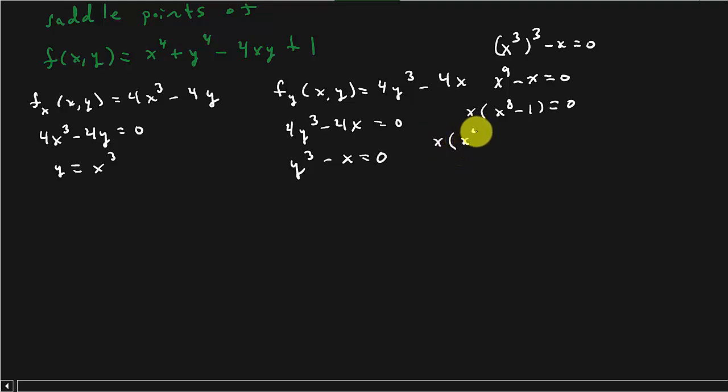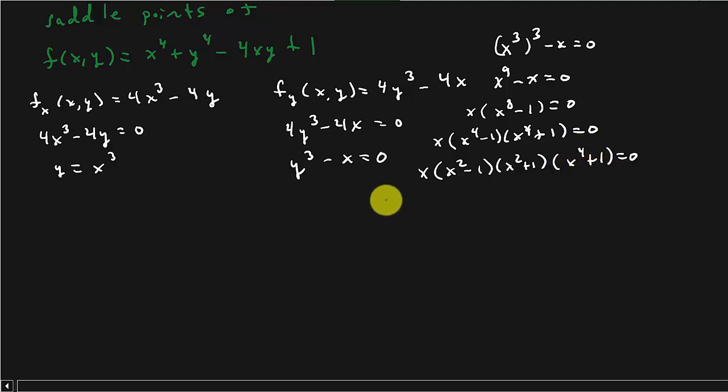So x times x to the 4th minus 1 times x to the 4th plus 1 equals 0. So that's x times x squared minus 1 times x squared plus 1 times x to the 4th plus 1 equals 0, which is x times x minus 1 times x plus 1 times x squared plus 1 times x to the 4th plus 1 equals 0.